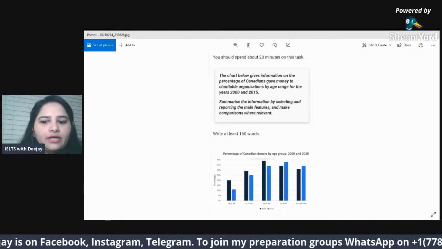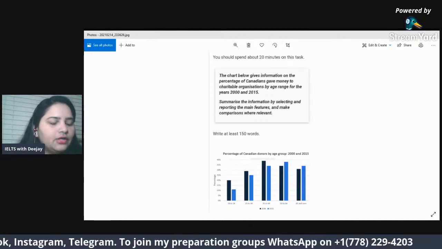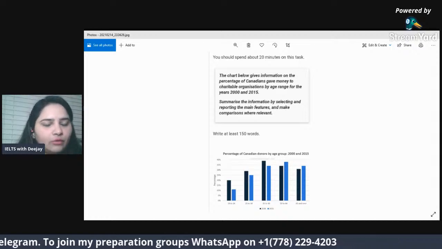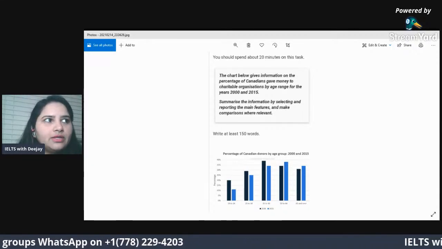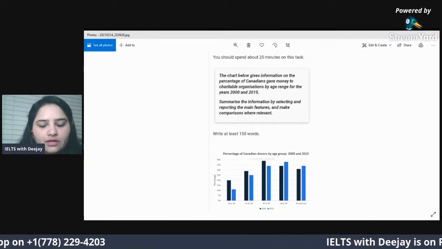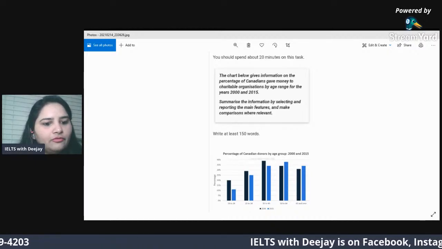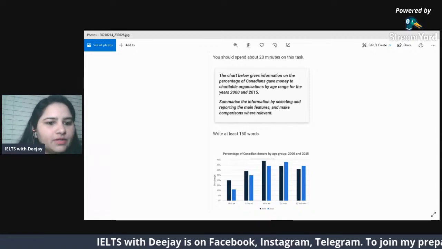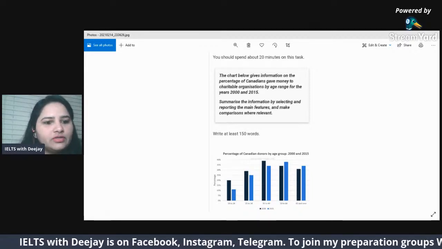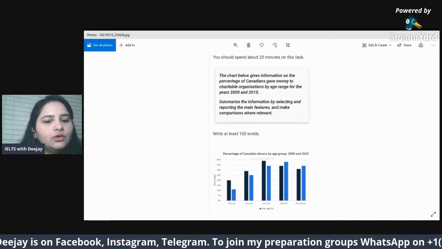You can write two things together, like you can compare the two things if I'm talking about the line graph. Some students write the things in different paragraphs, like one paragraph for the one country, second for the second, and third for the third. The simplest way. The people who are aiming for six, this is okay. You can write this way.